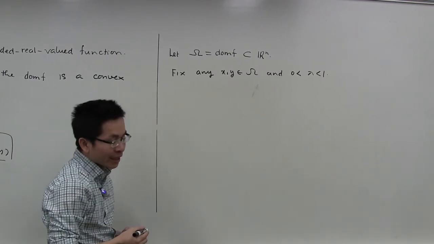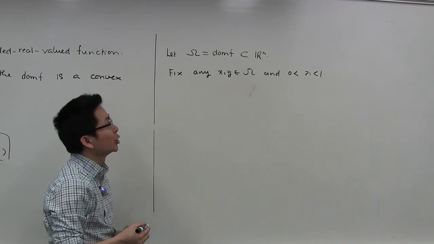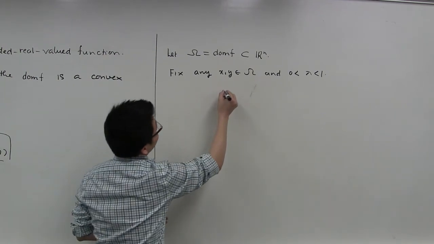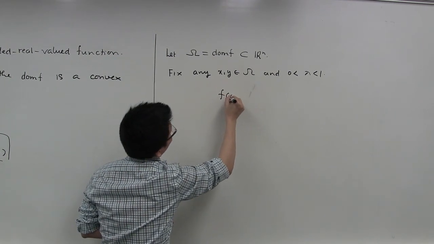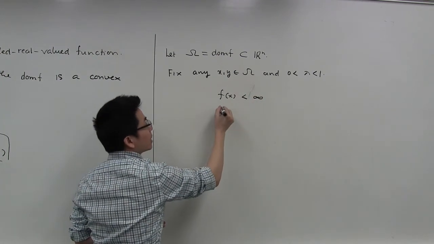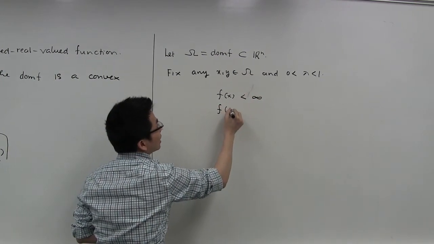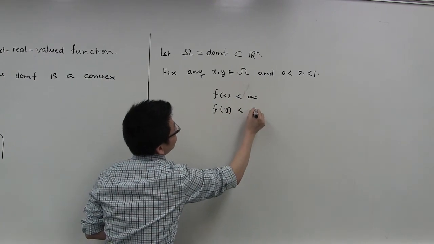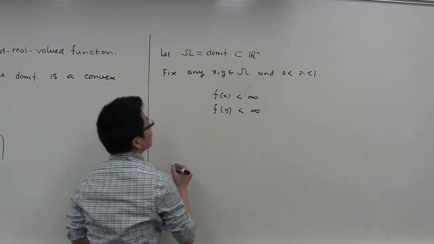By the definition of the domain of f, we have the following. f of x is a real number, so we can say f of x is less than infinity, and also f of y is less than infinity.